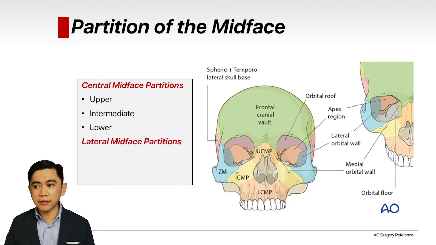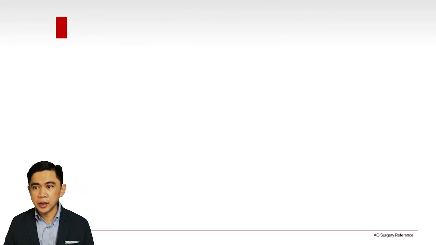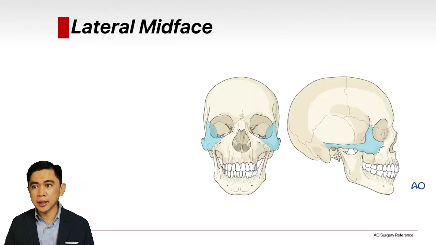And we also have the lateral midface partitions over here, which is comprised of the zygoma and the zygomatic arch. Here, we'll see the lateral midface, which includes the zygoma, and the zygomatic arch. The orbital surface of the zygoma, like here and here, are also included in the lateral midface.